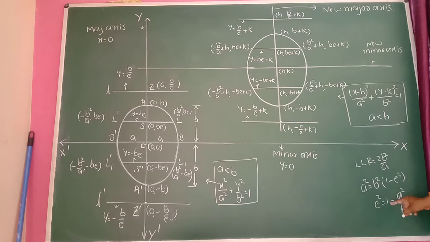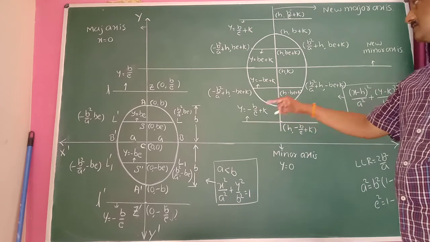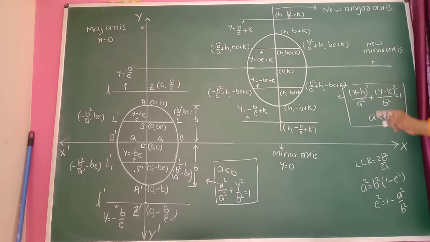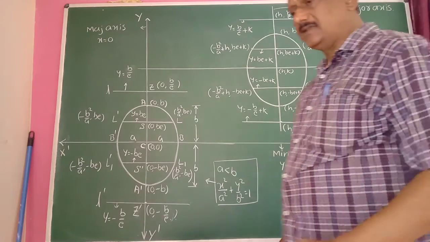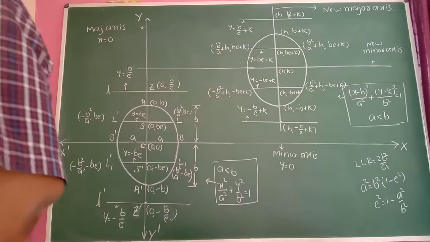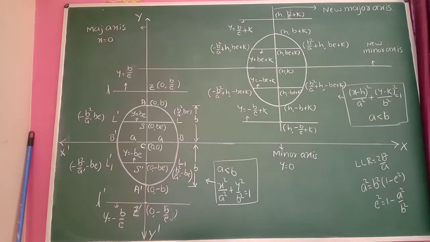This formula is common to both ellipses here. So these are the important results here. Where there is x, add h. Where there is y, add k. That is the important result here.